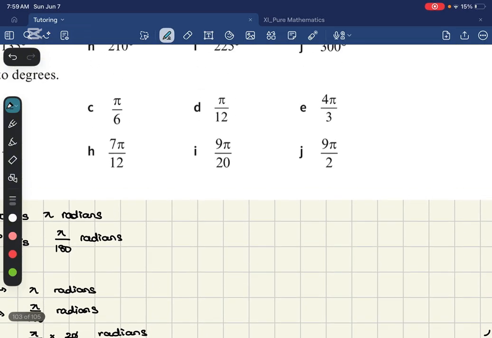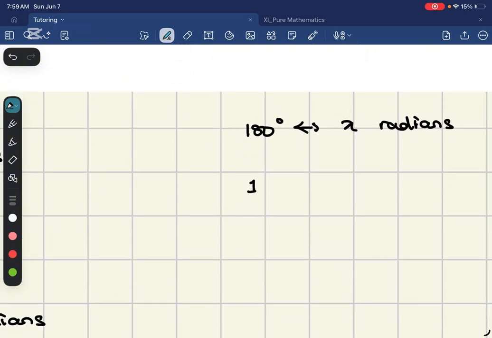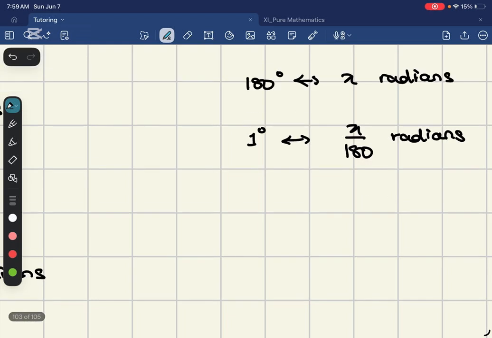So now let's start again. I know 180 degrees is pi radians. 1 degree is just pi over 180 radians. So 25 degrees is going to be pi over 180, so I need to multiply by 25.